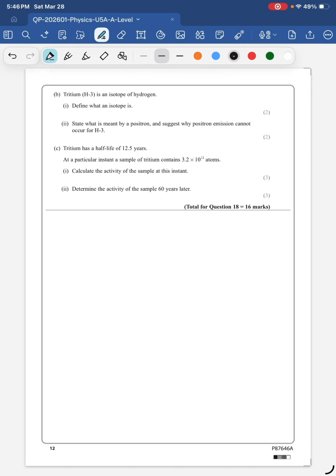C. Tritium has a half-life of 12.5 years. At a particular instant, a sample of tritium contains 3.2 times 10 to the 12 atoms. C i, calculate the activity of the sample at this instant. I'm going to solve this part here. So first of all, if the half-life is 12.5 years, then the decay constant is ln 2 over T half.